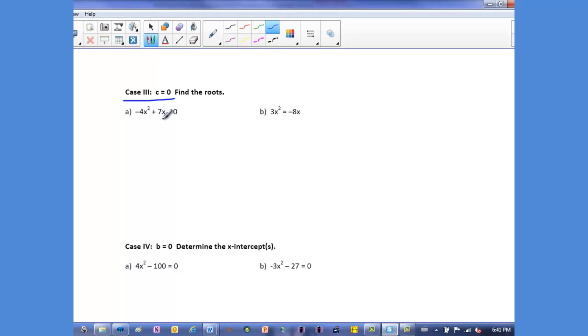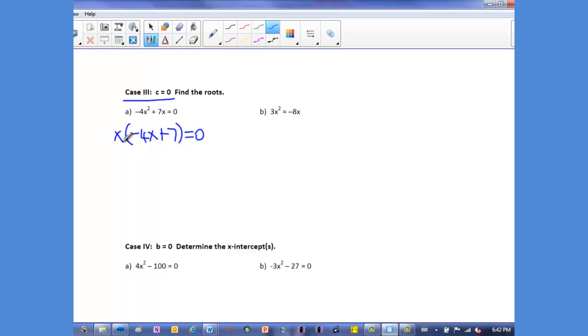And no matter what coefficients the x terms have, either negative 4 or 7, 3 and negative 8, as long as I can group all the x terms on one side of that quadratic equation, I can factor out x. So in my case, I can factor x out and be left with x times negative 4x plus 7 equal 0.